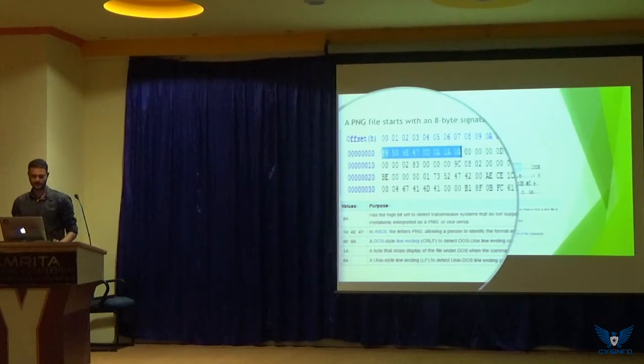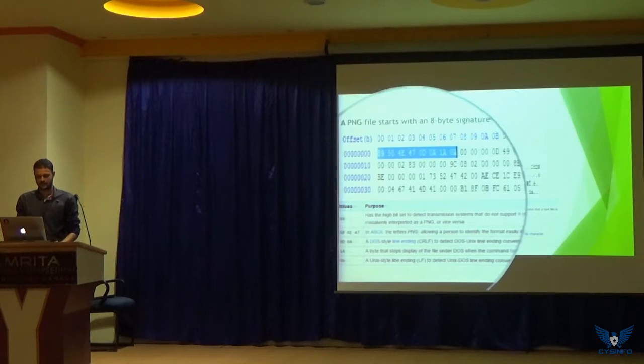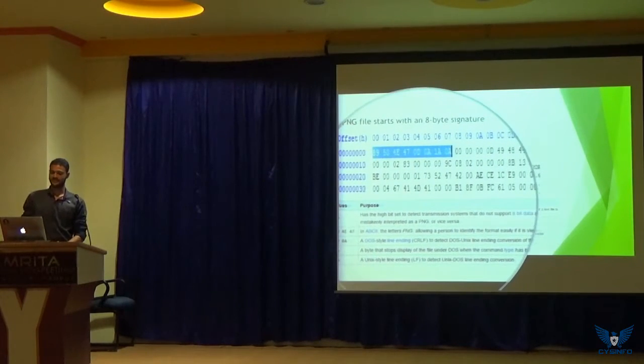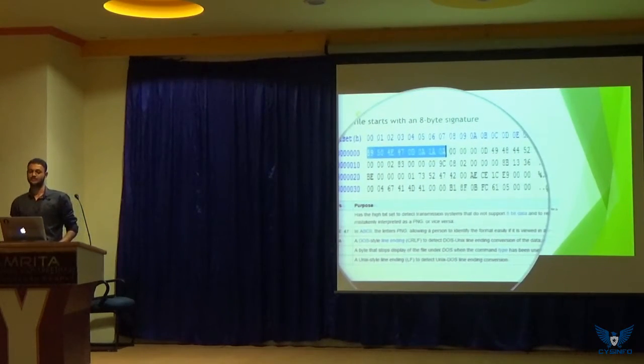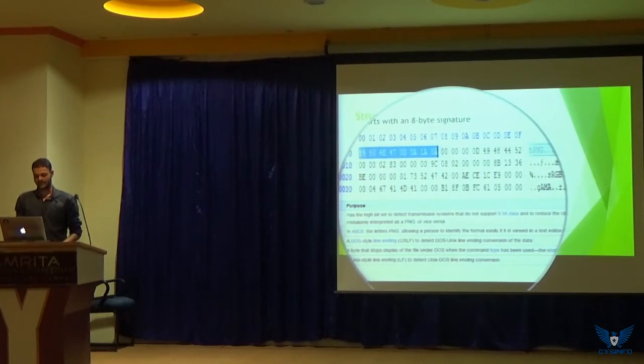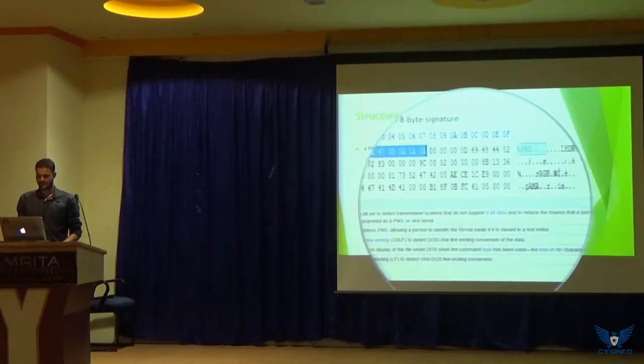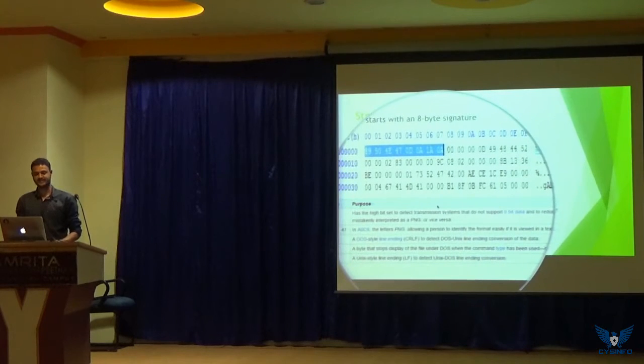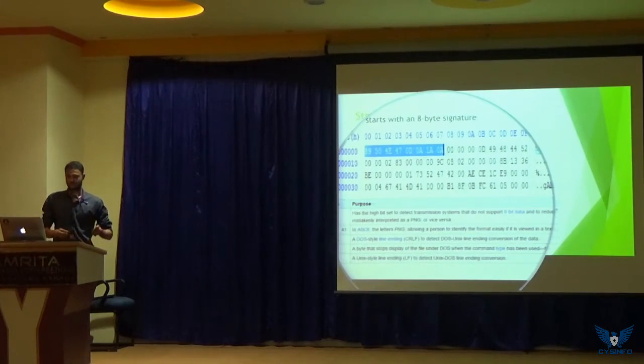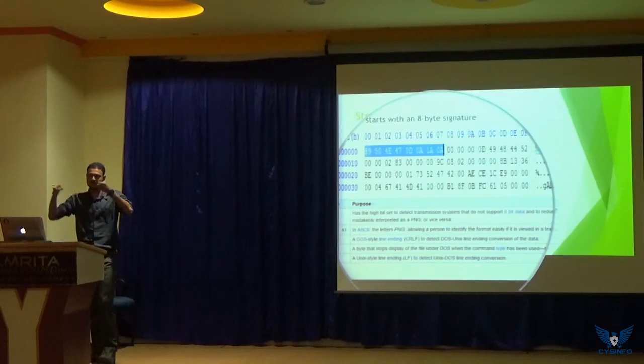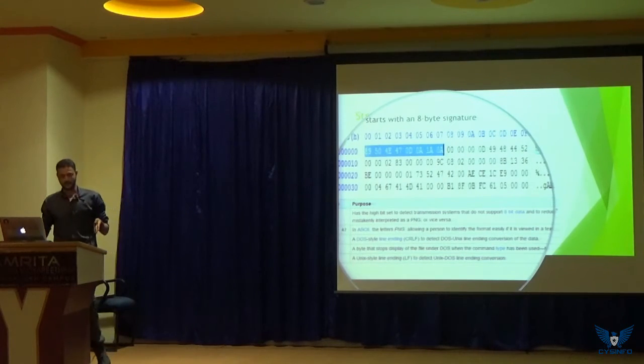This particular value 89 has the high bit set to detect transmission systems that do not support 8-bit data, and to reduce the chance that a text file is mistakenly interpreted as a PNG or vice versa. So it's an 8-bit header, right?